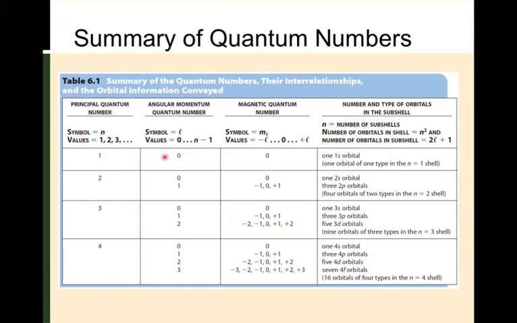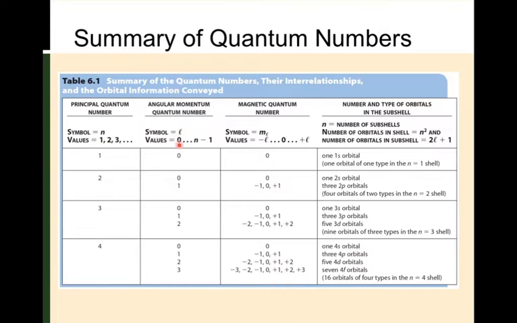These are just telling us which shell the orbital will exist in. And then there's L, which is more to do with the shape of the orbital. So we encountered the fact that the maximum value for L is based on n. Whenever n is 1, the maximum value for L is 0 because the maximum value is n minus 1. Now, what this means is that in the n is equal to 1 shell, there can only be one type of orbital.